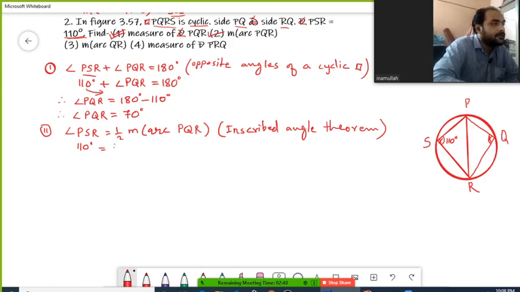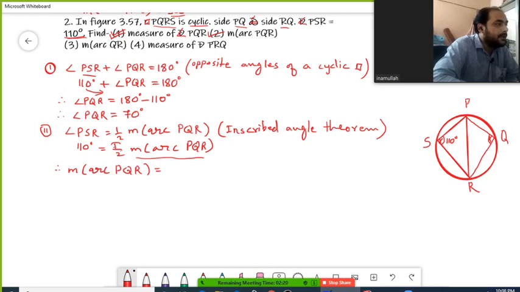So this 1 by 2 into major arc PQR will remain in its place. I am keeping this major arc PQR in its place. And when I send this 1 by 2 to this side, the 2 will multiply and this 110 will become 220 degrees. So this way we have major arc PQR as 220 degrees.